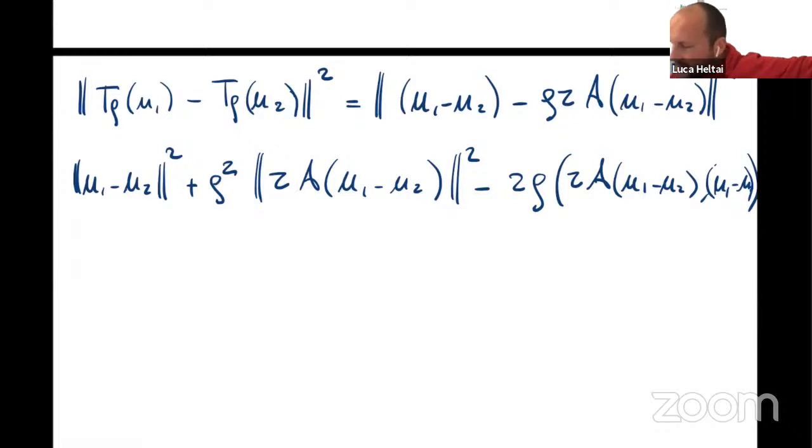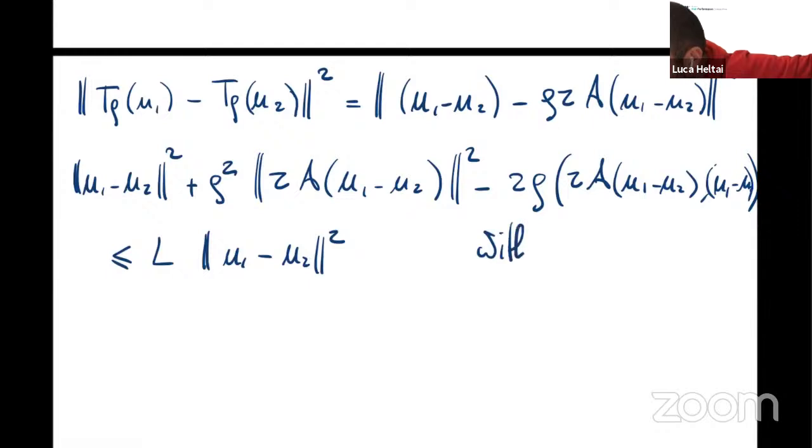Now, if I look at this term over here, what I want to show is that this is strictly smaller than L times the norm of U1 minus U2 square. Okay, so this is what I would like to show with L strictly smaller than 1.